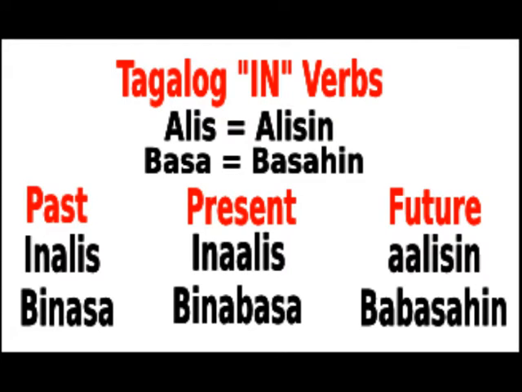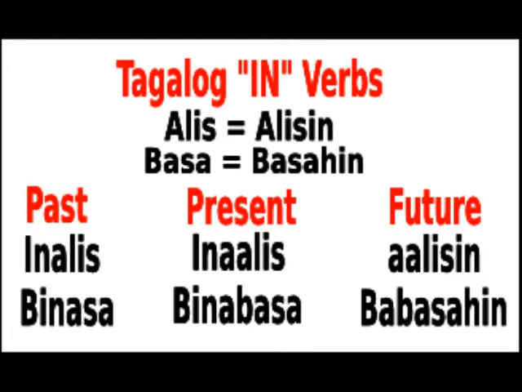For example, sira becomes sirain, and puno becomes punuin. 2. Hin is suffixed to a root word without a glottal catch that ends in a vowel. For example, basa becomes basahin, bili becomes bilhin, and sabi becomes sabihin.